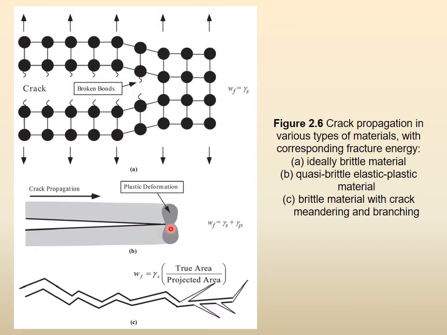This has a sharp crack with some plasticity on the end, and this is any irregular crack. In each case you define WF, the work required to fracture or the energy required to fracture. So here it is gamma S, here it is gamma S plus gamma P, and here it is gamma S into the stress area of the whole thing. So having a WF approach is more generic in nature.